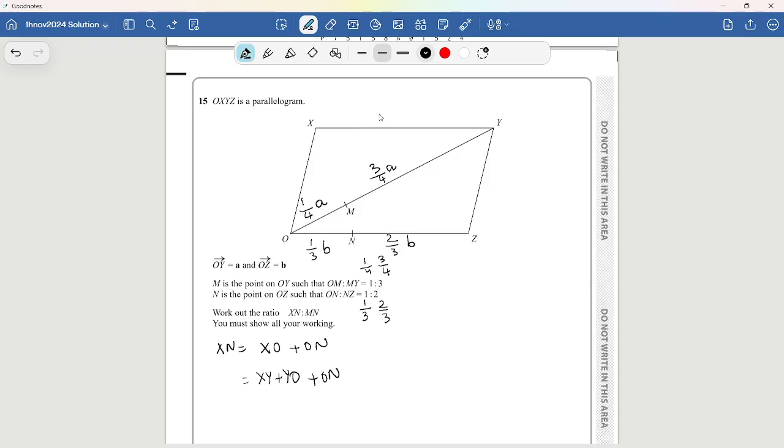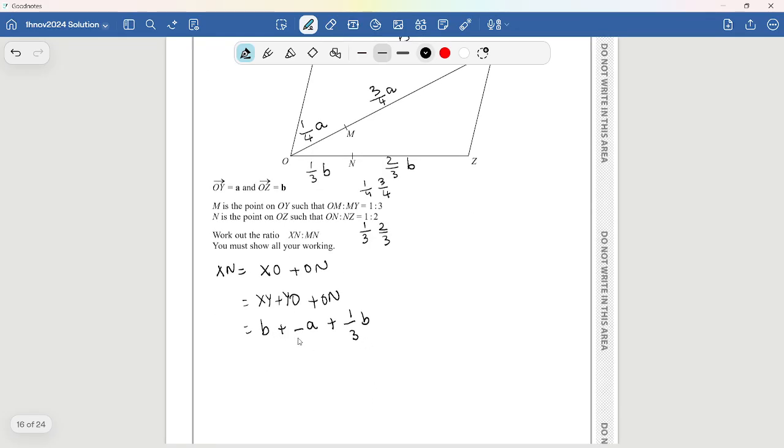So O to Z is B, so X to Y is B, plus Y to O. O to Y is A, so Y to O, going in the opposite direction, will be minus A. Plus O to N is 1/3 of B. So B plus 1/3 of B is 4/3 of B, and plus minus A is minus A. I got XN.